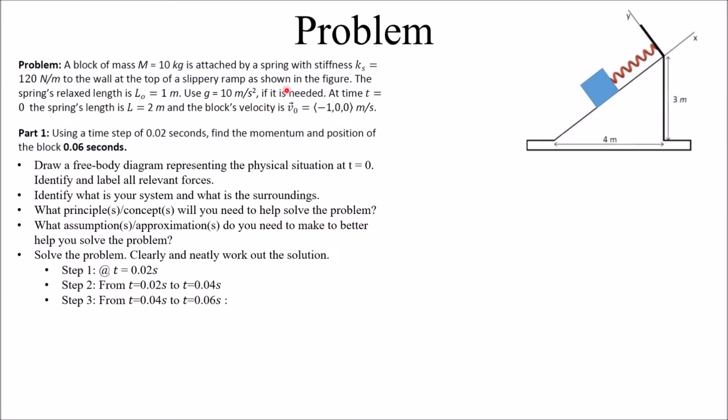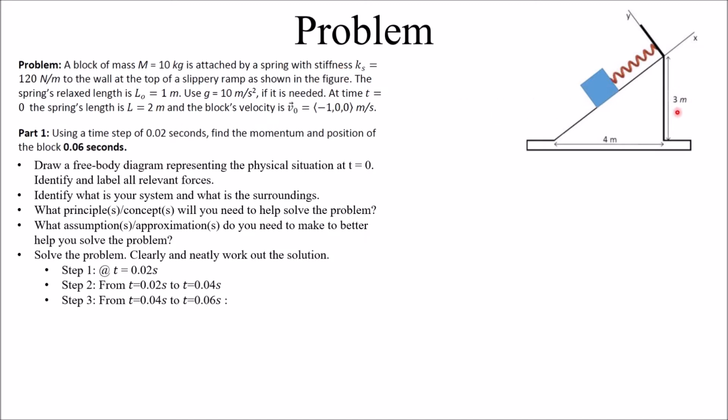Let's apply some of these concepts to a problem here. And for this one, we have a mass of 10 kilograms attached with a spring here, and that has a stiffness of 120 newtons per meter. It's attached to the top of the ramp where there's a wall, and it's a slippery ramp, so we're not going to consider friction.